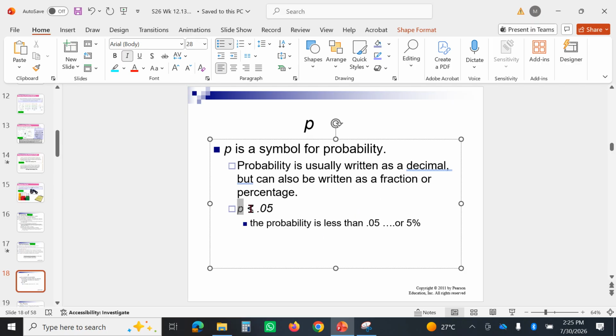And you'll see that in this case, P, probability, is less than 5%. The alligator's mouth always points to the greater side, so if that alligator mouth was pointed towards the P, the probability that this event is going to happen is greater than 5%. But in this particular case, the probability of a particular event happening is less than 5%. That's what that means.